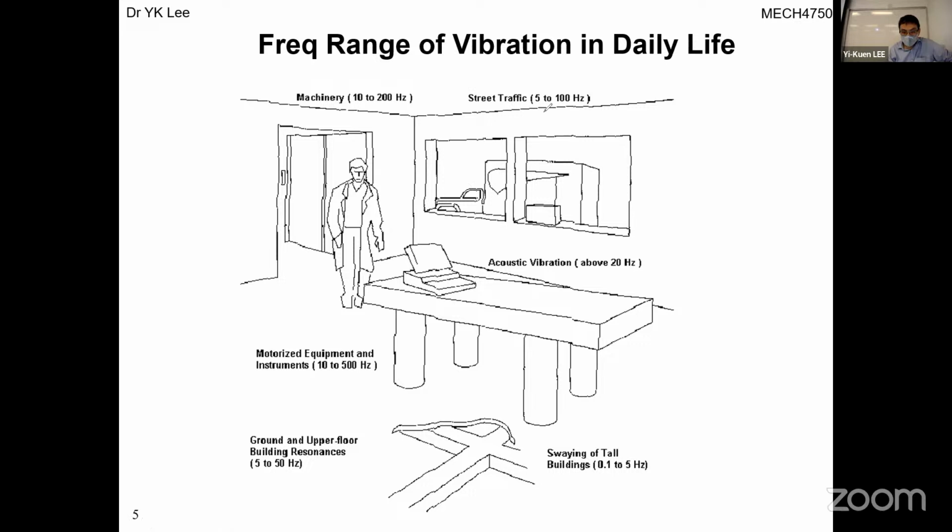Traffic and car-induced is 5 to 100 hertz, and acoustic vibration is about 20 hertz. Some equipment with a motor is 10 to 500 hertz, and ground vibration in a building is much lower frequency, 5 to 50 hertz. And a tall building is much lower, 0.1 to 5 hertz. Okay.